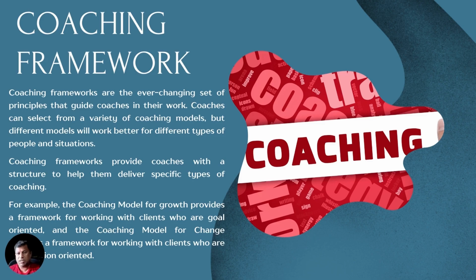Then for coaching for change, there are a lot of change models which can be used. You have the DREAMS model that I talked about. Then Karpman's drama triangle is another framework which you can look at. There are n number of coaching models that you can use for change, right?